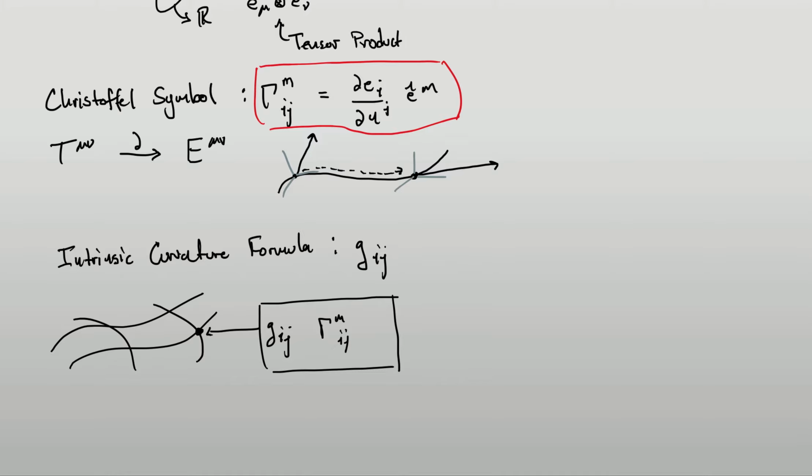Okay. So let's begin the derivation. g_ij, if we remember, is merely e_i · e_j, that's its basis.